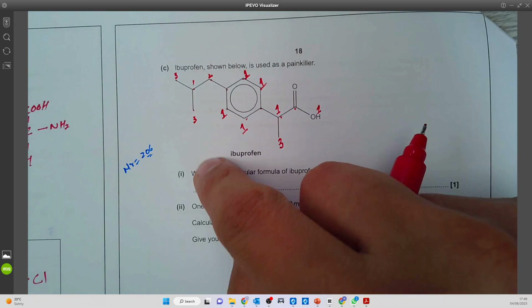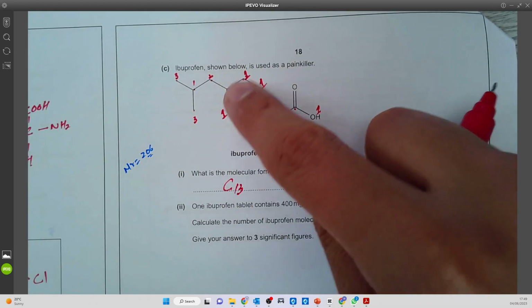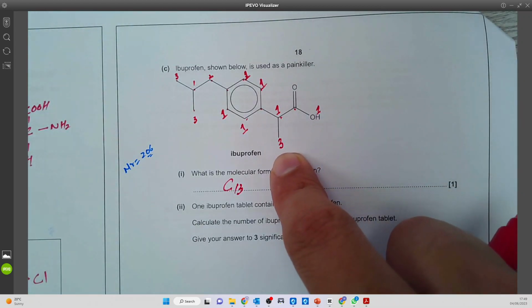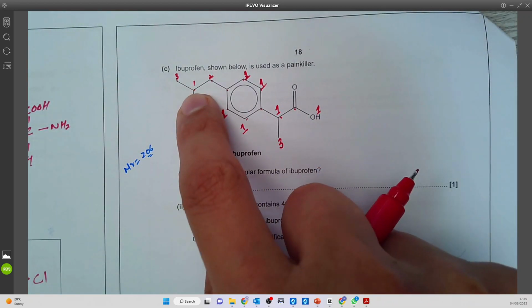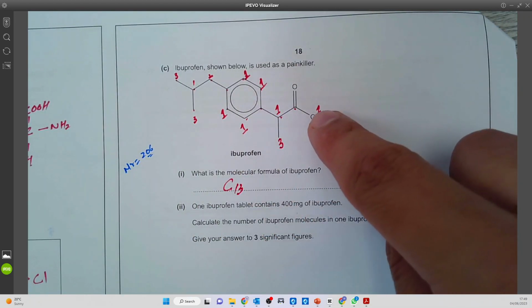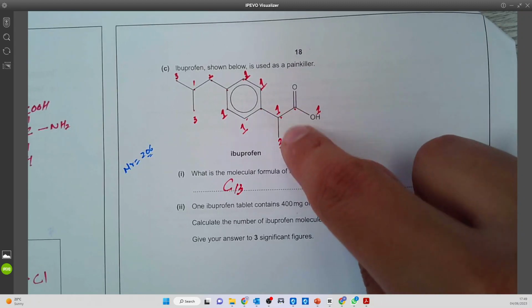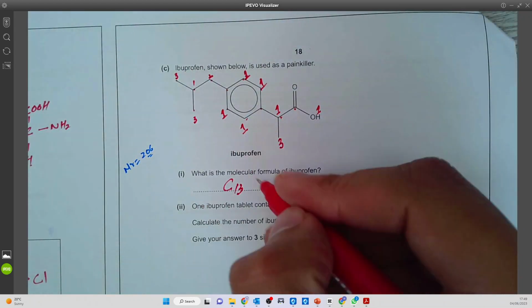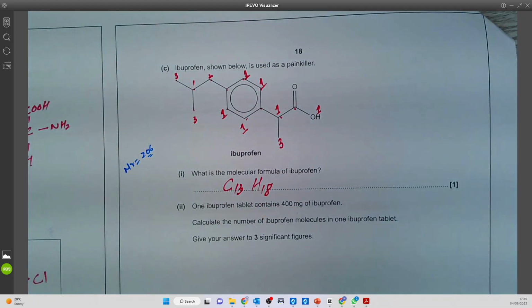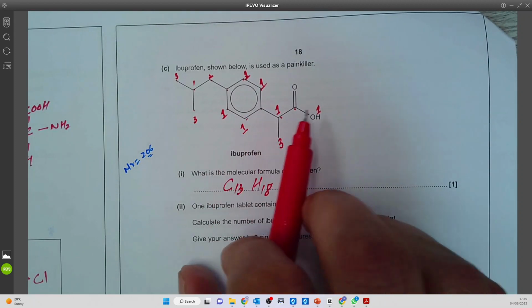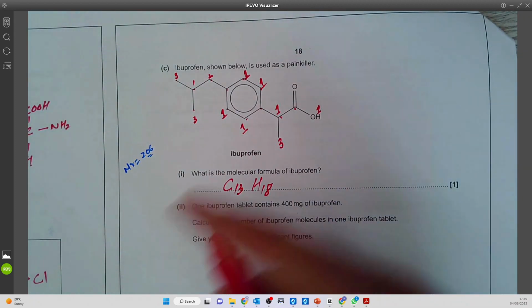How many are there in total? 18. Am I right? I believe so, because 3 add 3, 6, 7, 8, 9, 10, 11, 12, 13, 14, 15, add 3 is 18. And I've got 2 oxygen, so it's going to be O2.